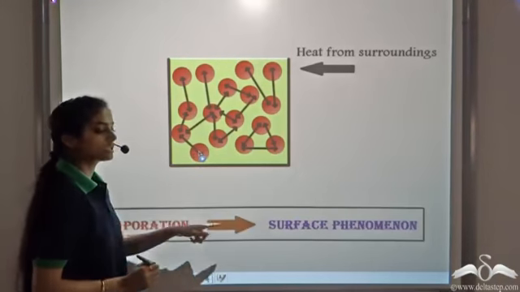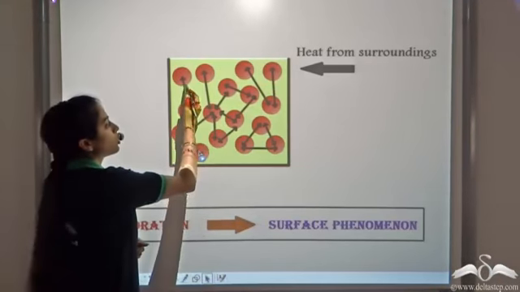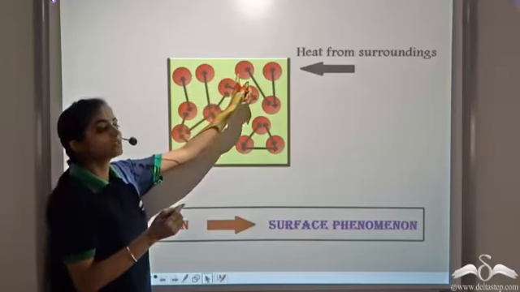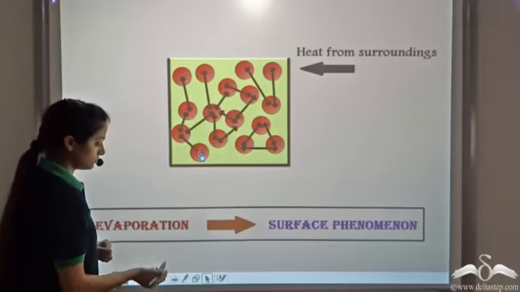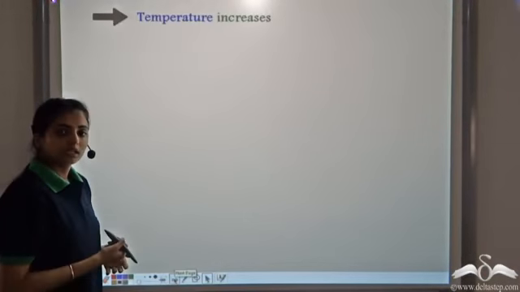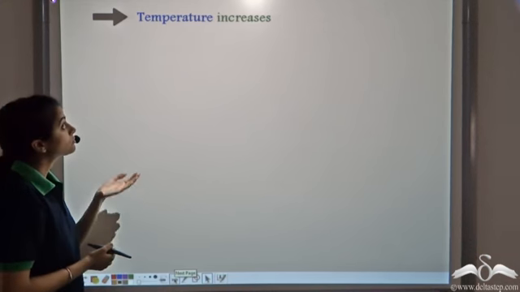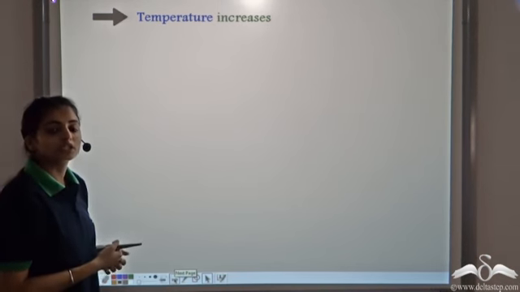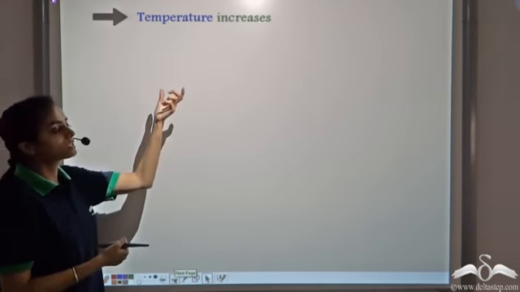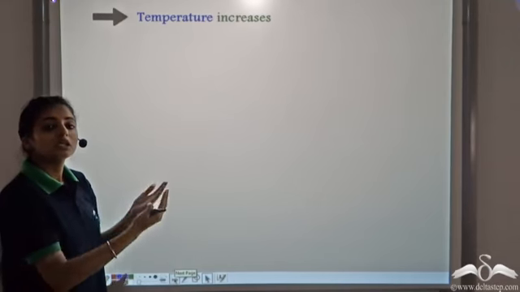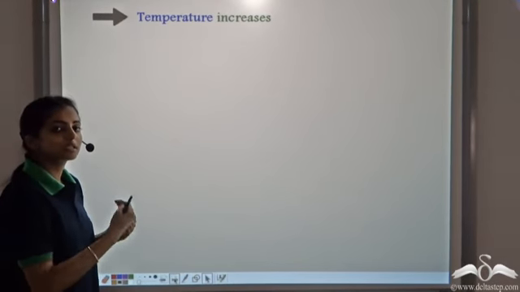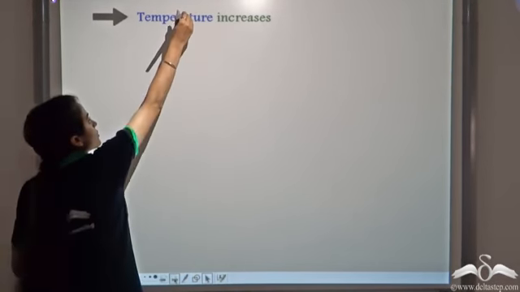So evaporation is a surface phenomenon because we talk of the molecules or the particles which are present on the surface. So let's see again how evaporation takes place. In case of evaporation, heat is extracted from the surroundings. This increases the temperature.